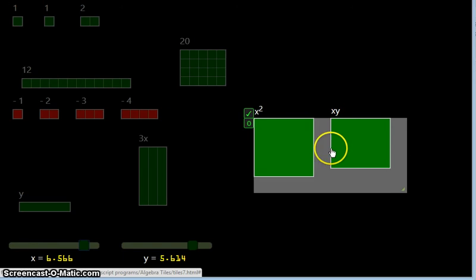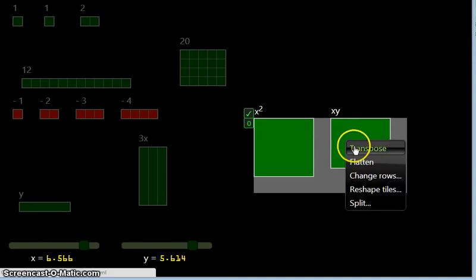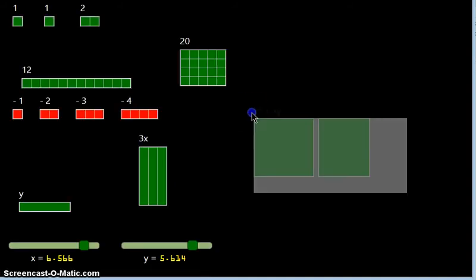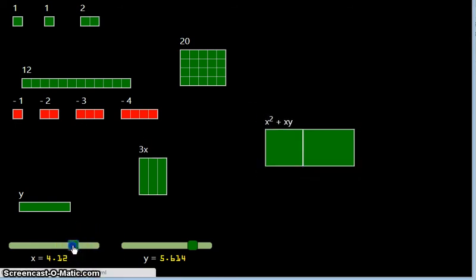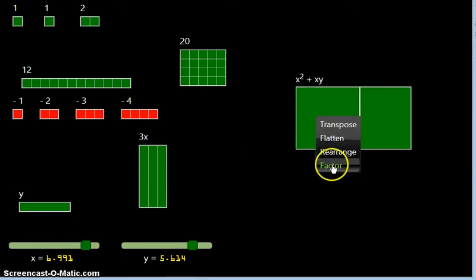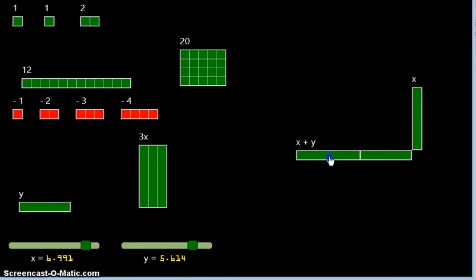I can simply double-click to open this editing window, and I can do various things with the terms within this polynomial. If I right-click on a term, I can transpose a one term, and now they meet and they look good. But not only do they look good, I can factor now because it's a perfect rectangle into x plus y and x.